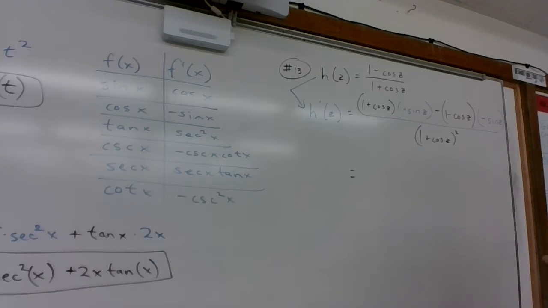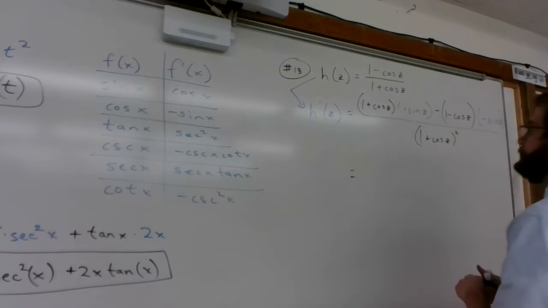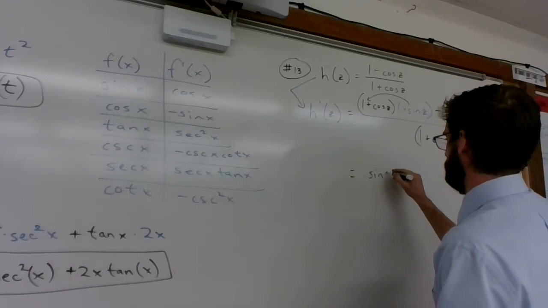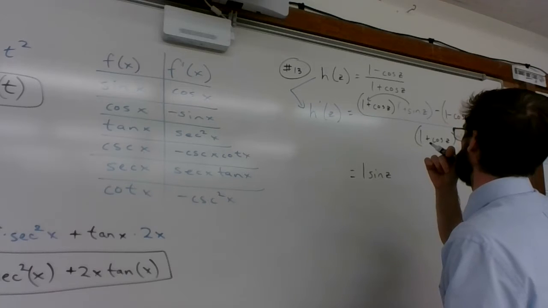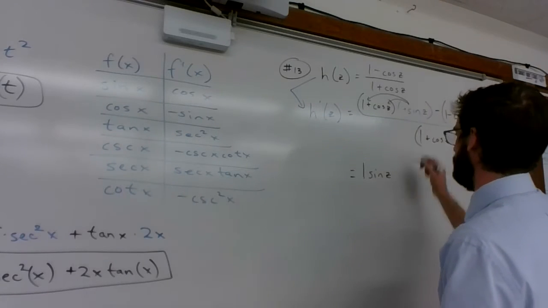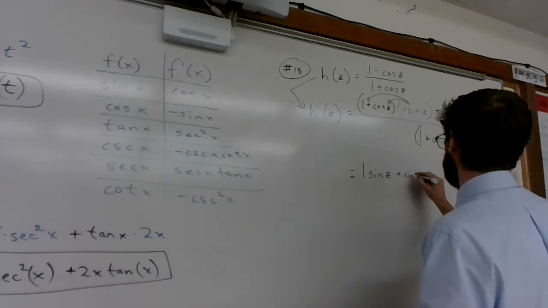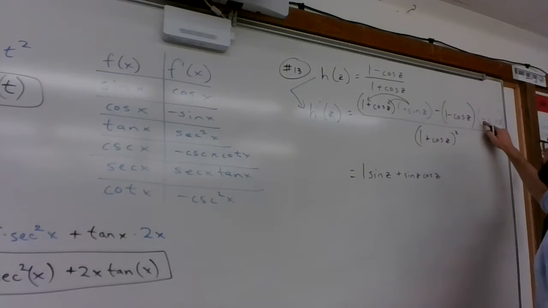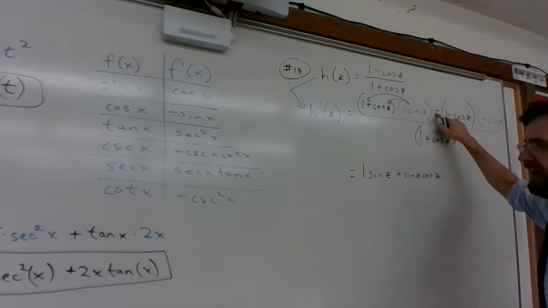All right, so what's happening here? Well, I can distribute the sine of z to 1. And then it's sine times cosine. And then it's negative, negative sine of z.